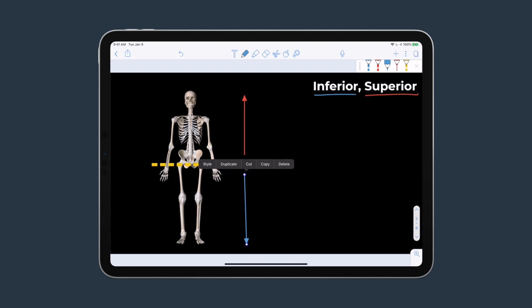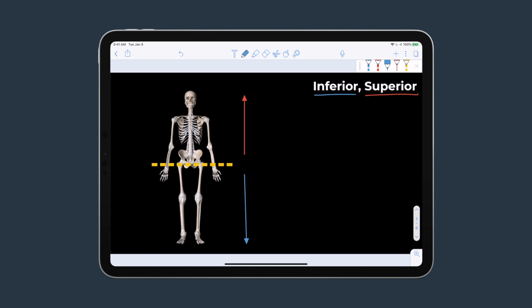So these oppositional pairs determine for us or are used to explain if something is closer towards the head or closer towards the feet, the top half of the body or the bottom half of the body, or I should say the top extreme or the bottom extreme of the body.